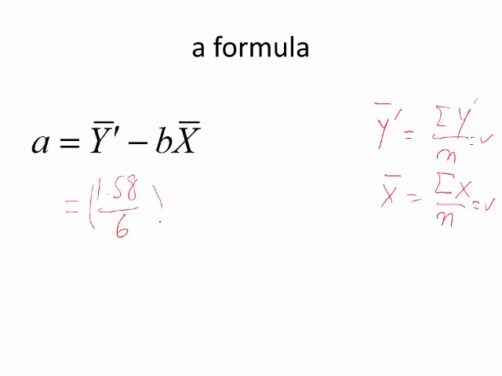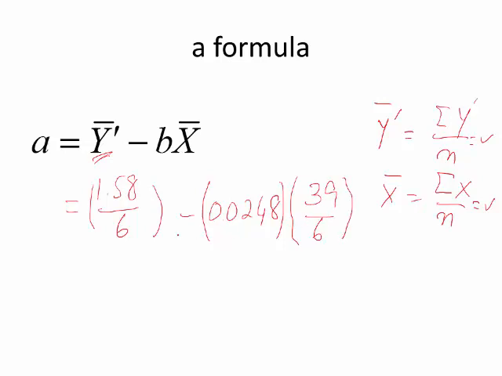So this is my y dash bar, and what was b? b I just calculated, it was 0.0248, and now we can get x bar. x bar is 39 divided by 6.